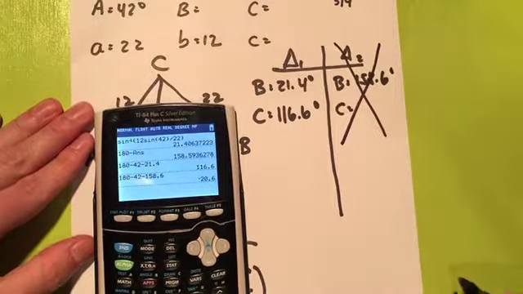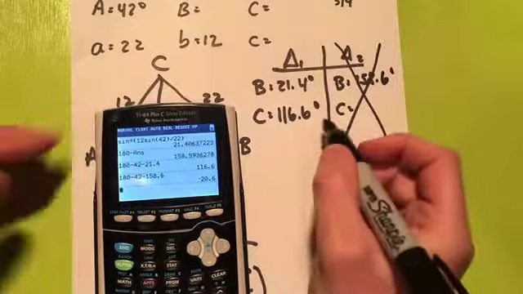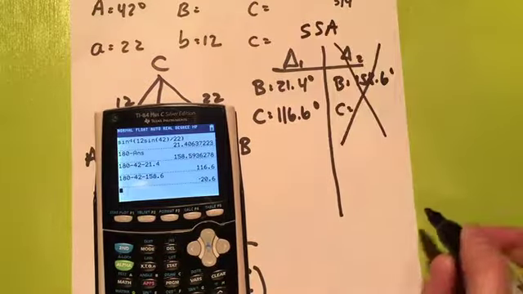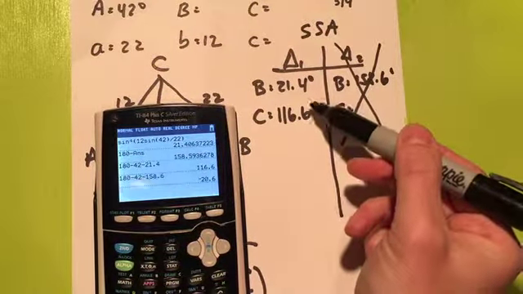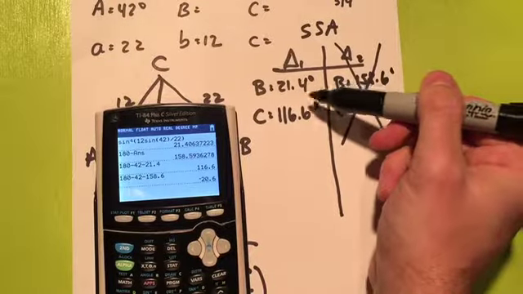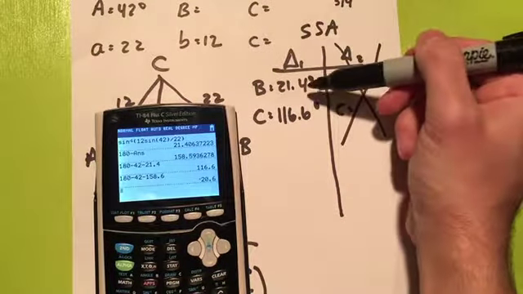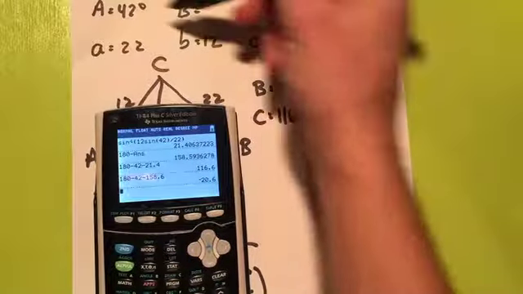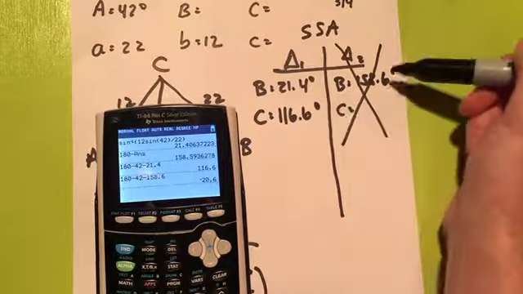There's only one triangle. So what I'm trying to say here is when you have a side-side-angle triangle, we'll find one. That's the one that's going to be given to you in a calculator. The second possible outcome, find the supplement. If it works, you've got two triangles.